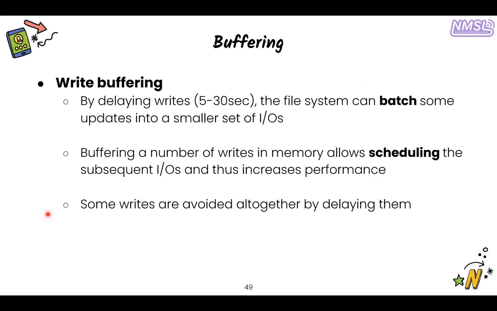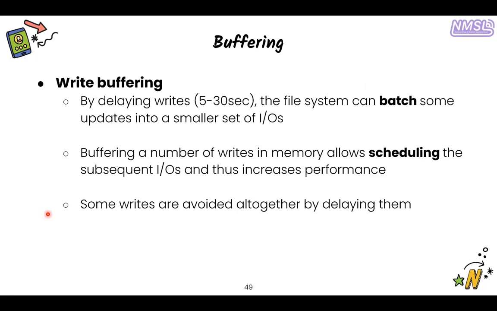The other way is write buffering. So instead of writing immediately, unless you fsync, we buffer it for about 5 to 30 seconds. Obviously, there are trade-offs. If you buffer longer, you can be more efficient. But what if there's inconsistency and so forth?